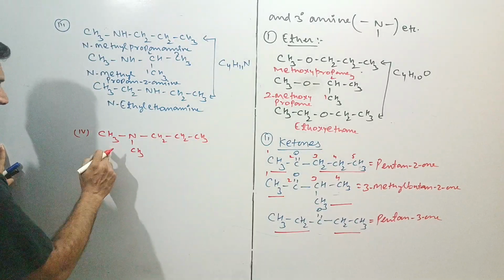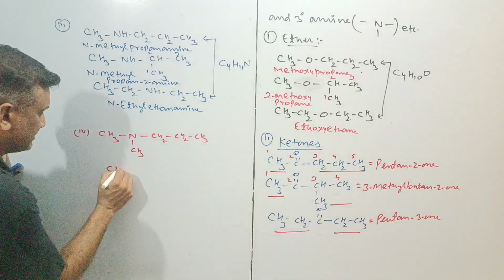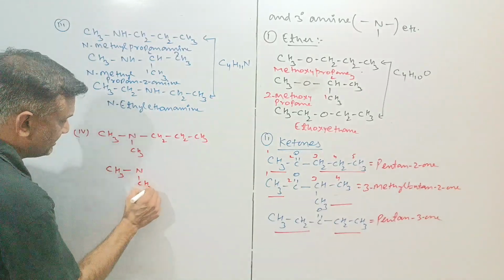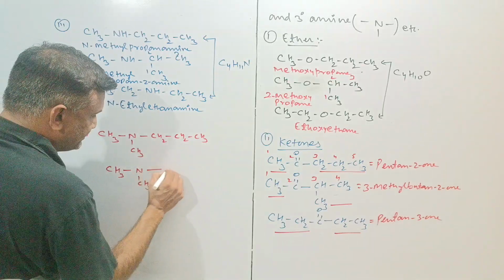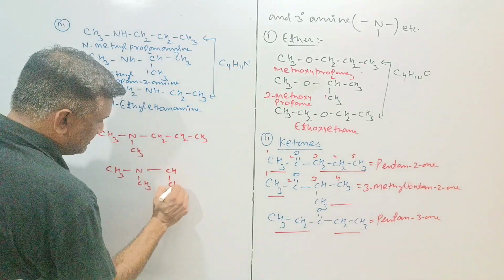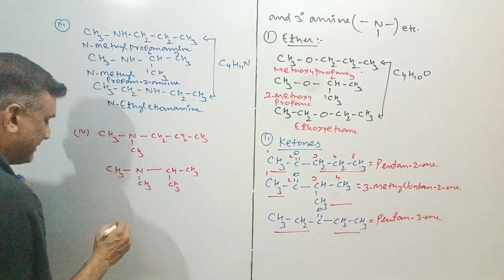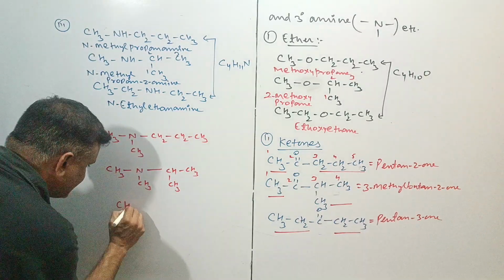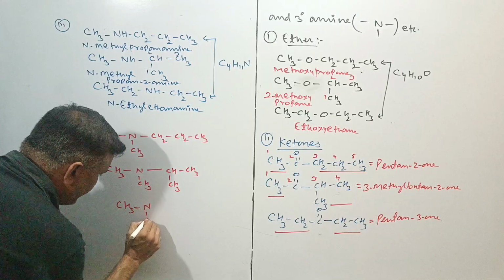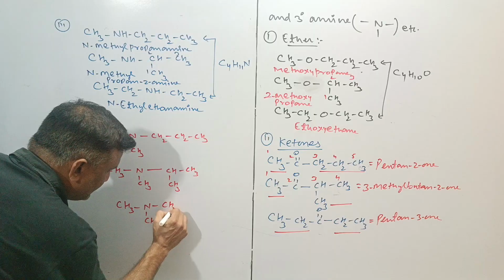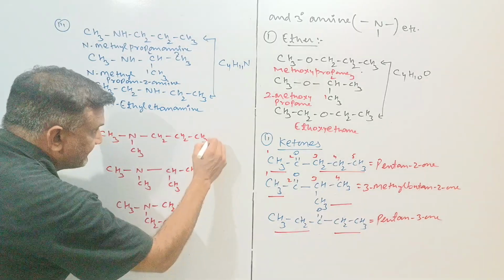Just it will be changed in the chain also. This is N CH3, and this n-chain can be changed into iso chain like this. And exchange again of one of the CH2 for CH3, so it may be as follows: CH2 and CH3, CH2 and CH3.